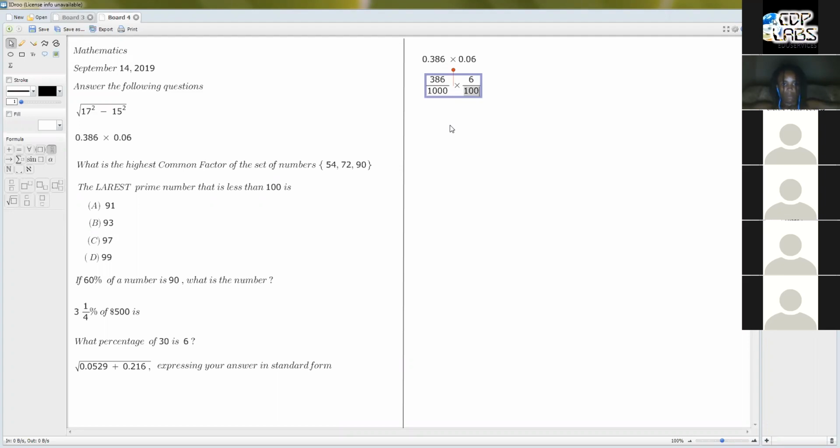All right. Now you can multiply across, meaning you multiply the top numbers together and you multiply the bottom numbers together. So that means we're going to multiply 386 times 6.